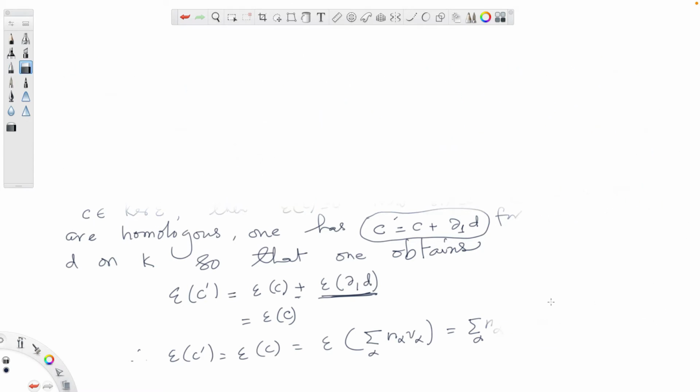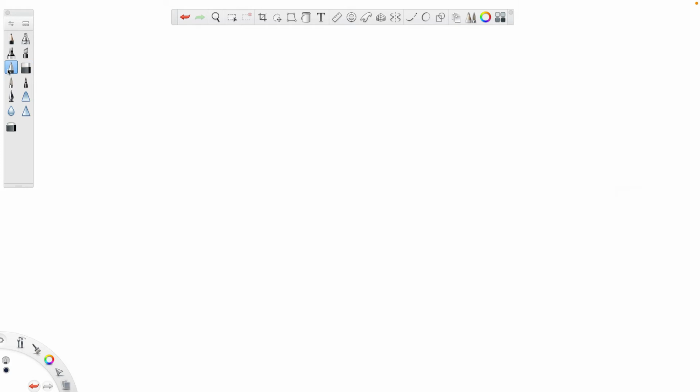So let me erase everything. Now if the underlying space of K is connected, that is, it has one component, right?